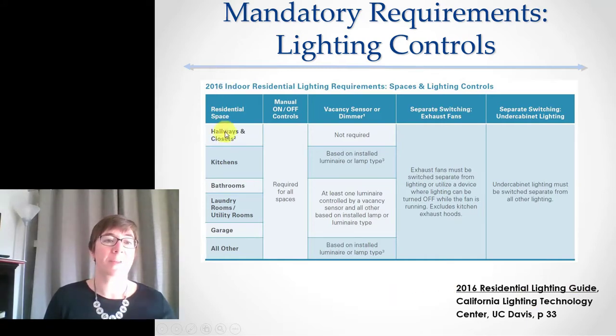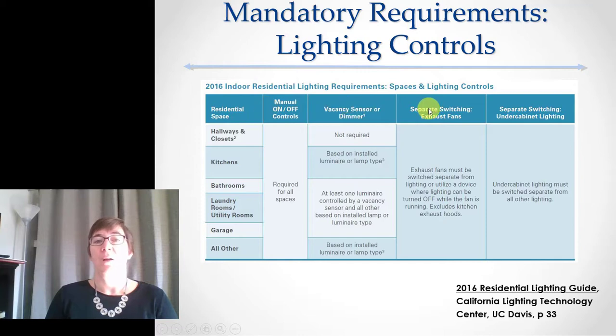On the left here, we see a list of different residential spaces: hallways and closets, kitchens, bathrooms, laundry rooms and utility rooms, garages, and all other rooms. That would include bedrooms, living rooms, etc. Okay, dining rooms, family rooms, most of your other rooms.